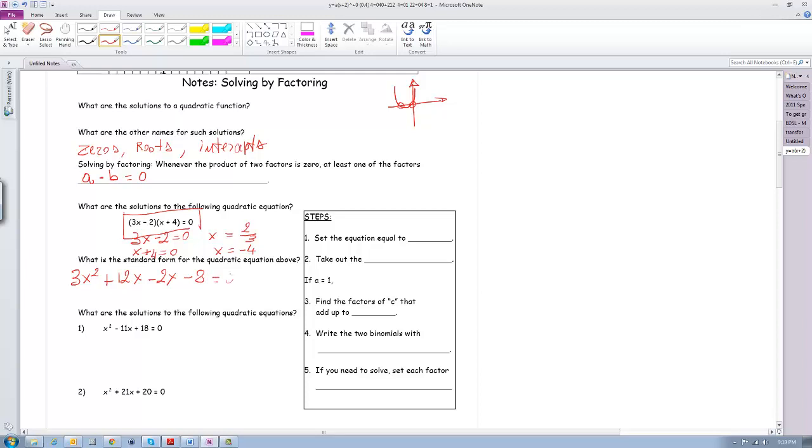So the final form would be 3x squared plus 10x minus 8 equals 0.